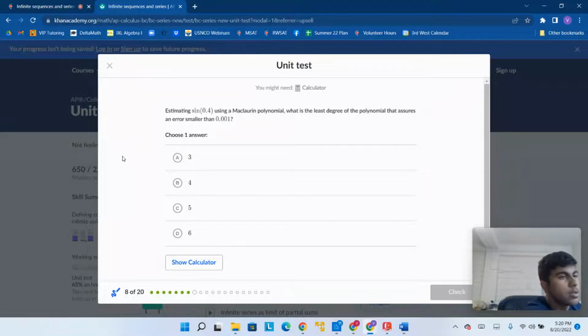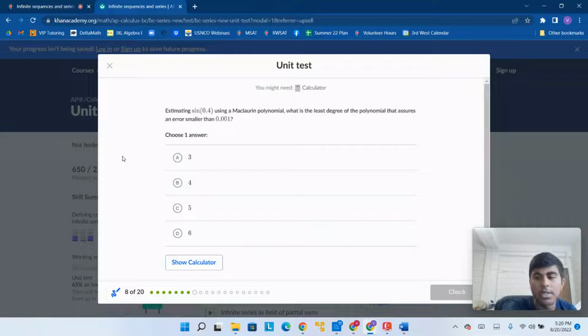How do we use the Lagrange error bound? The guiding principle of the Lagrange error bound is that you have the greatest derivative in the range that you're operating in, and then you raise that to some powers, and that's how you get the amount of error that you could have.